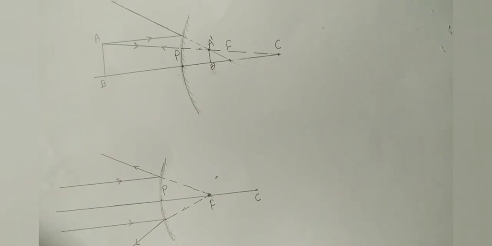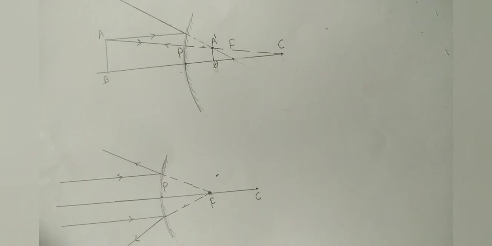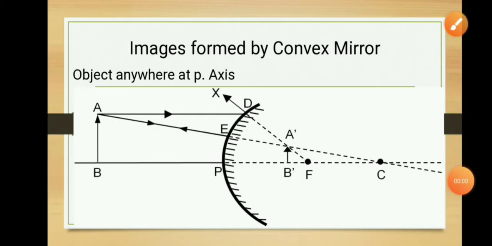This is the construction of the ray diagram when the object is placed in front of a convex mirror. This is the ray diagram when the object is placed between infinity and pole in front of a convex mirror. We obtain the image behind the mirror between pole and principal focus.